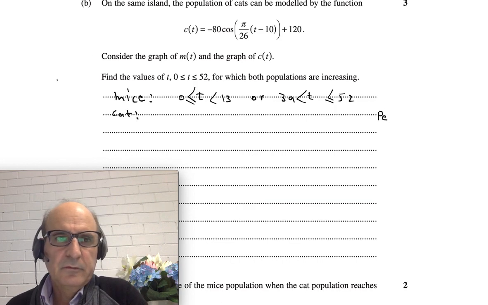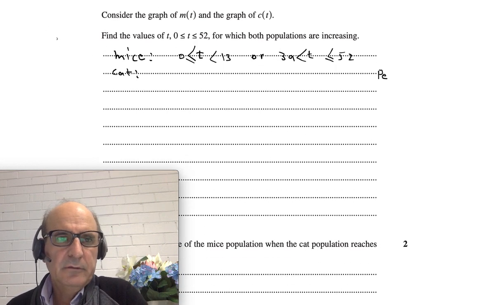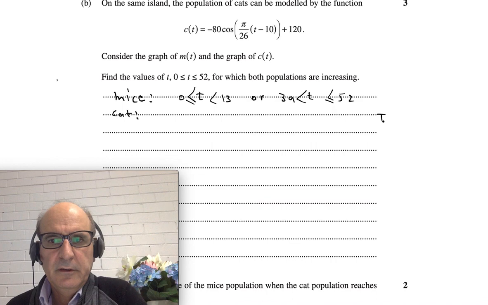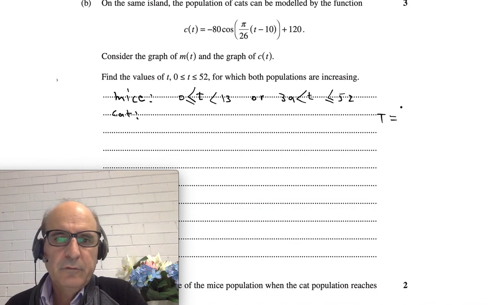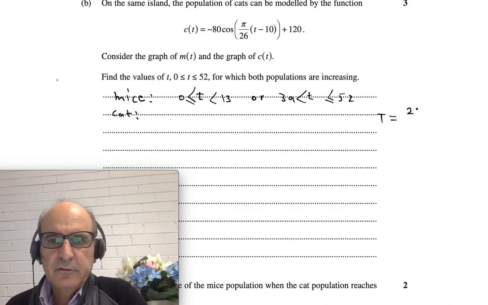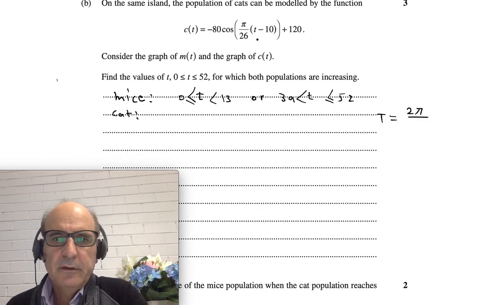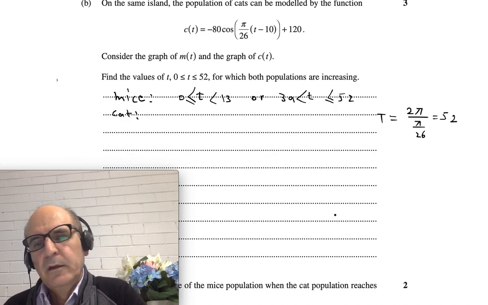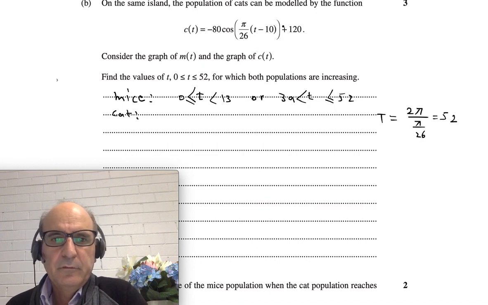The period, or T, I might use the term T, is equal to the natural period for cos function, which is 2 pi, divided by the coefficient of t, which is pi on 26. If you divide this by that, you get 52. Alright, 52 is the period for this.